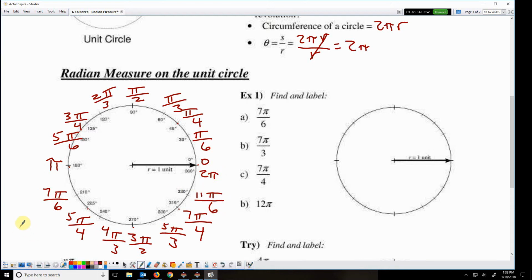So instead of memorizing these numbers around a unit circle, what I want you to do is just be able to count your way around the unit circle. That's what you can do to remember a unit circle when you just don't remember it.